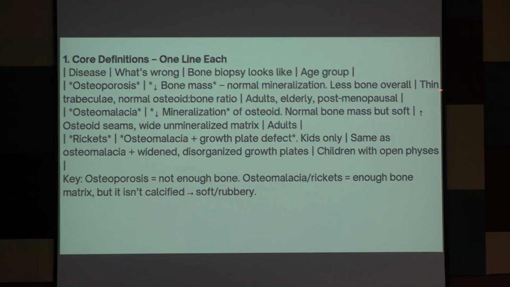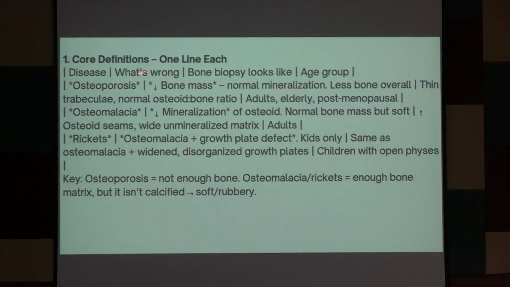Bone biopsy: thin trabeculae, normal osteoid-to-bone ratio, mostly in adults, elderly, and postmenopausal. The huge chapter of osteoporosis brought down to one line. So please keep the differences in mind.